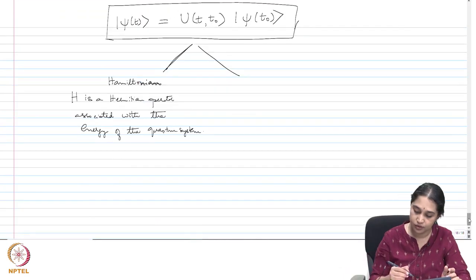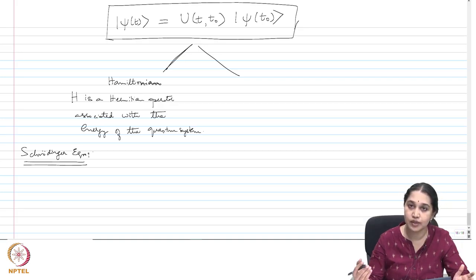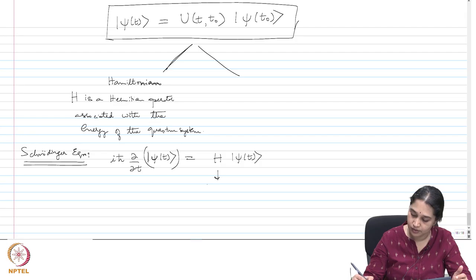And the Schrödinger equation tells us the time evolution equation, the differential equation that is satisfied by quantum states as they evolve with time. It is the following: the partial derivative with respect to time of psi of t is given by H times psi, where H is the Hamiltonian.